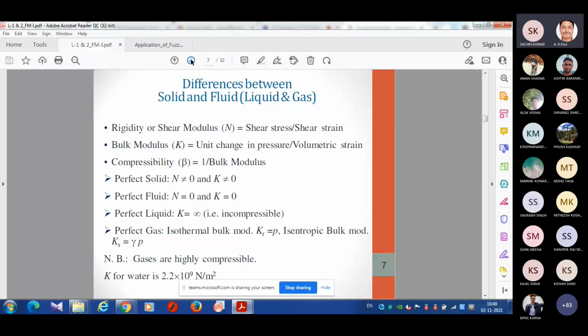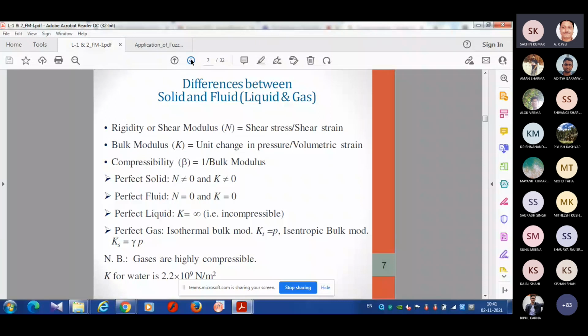Then the perfect fluid. For a perfect fluid, the rigidity and bulk modulus both will be zero. And for a perfect liquid, the perfect liquid is incompressible. So even water cannot be considered a perfect fluid.